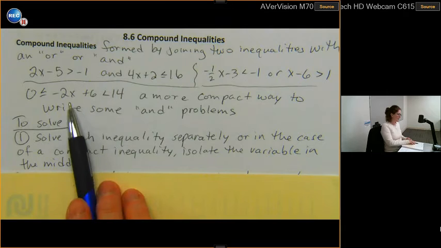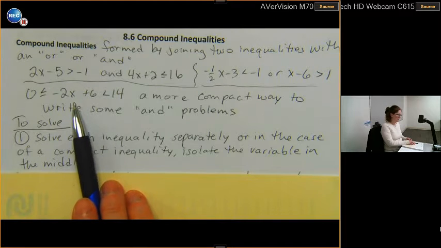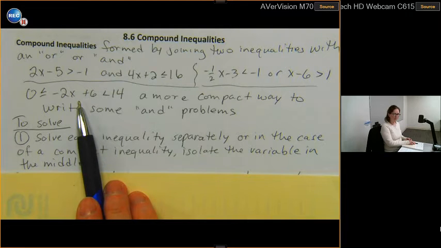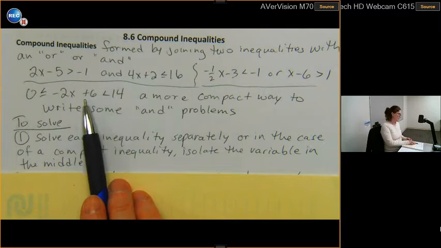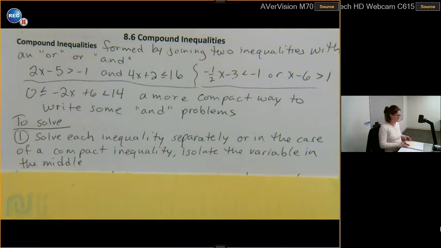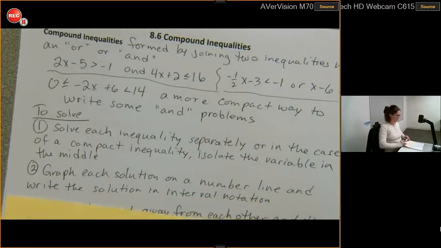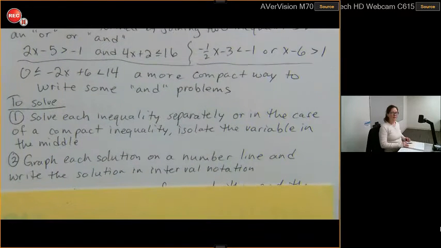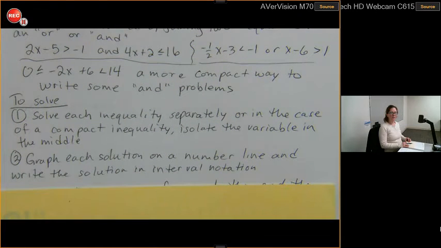If it's a compact inequality, then we're going to isolate the variable in the middle. Whatever you do to the middle, you do to both outsides. And then we're going to graph the solutions on a number line and write our solution in interval notation.